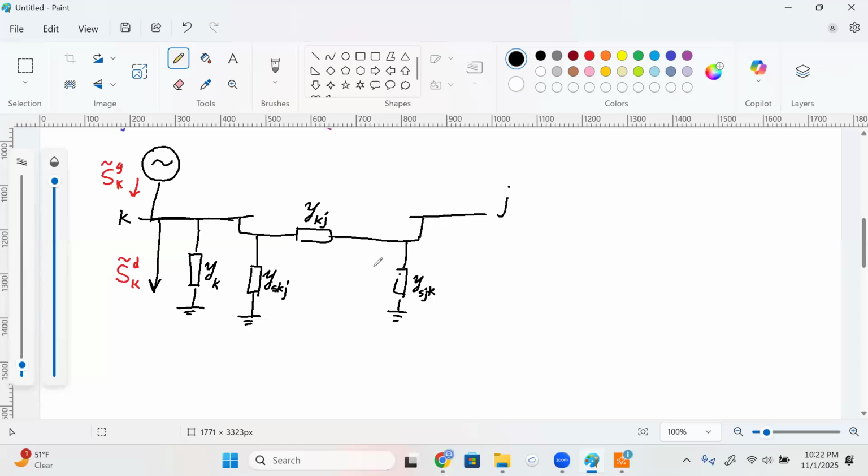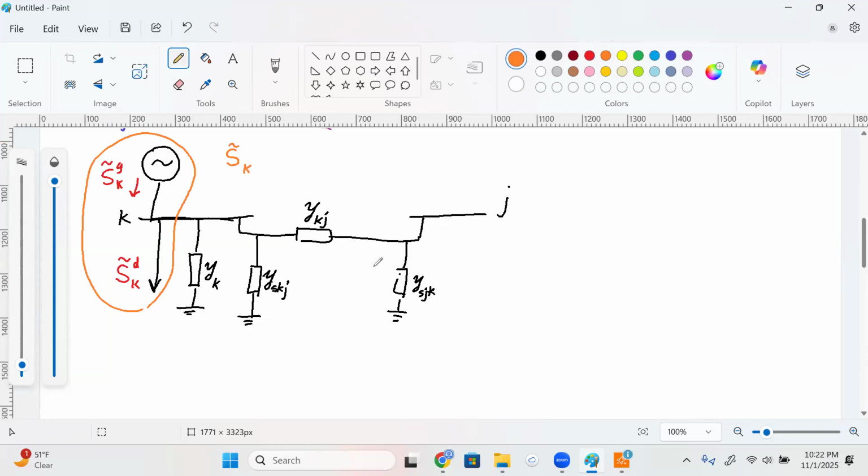Now, the generator and the constant power load that I'm showing on the left side of this diagram are going to have some nonlinear characteristics associated with them. I don't want those nonlinearities to enter my power flow equation. So I'm going to combine them together into one variable known as S_K tilde.